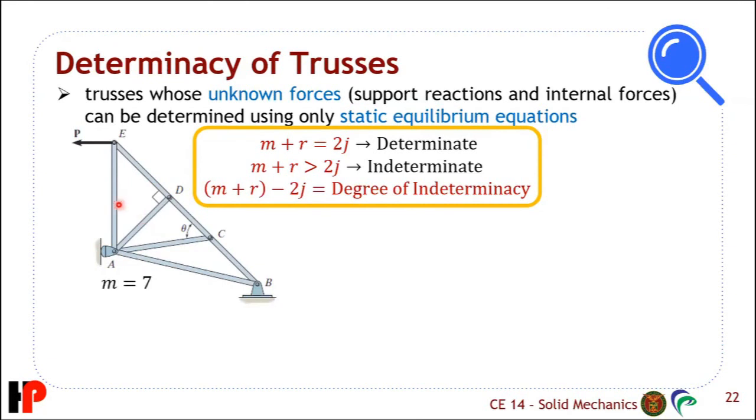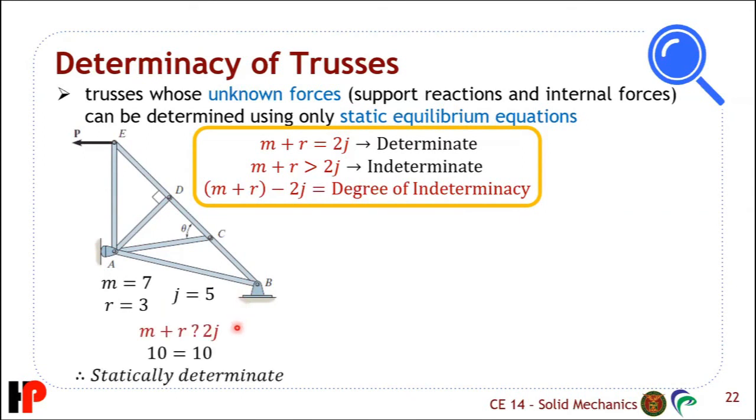Tapos, R, so pin and a rocker, so R is 3. And the number of joints, 1, 2, 3, 4, 5. So, J equals 5. So, M plus R is 10, 2 times J is 10. So this one is statically determinate. Again, if a truss looks like a truss, it is statically determinate. Yun ang basic clue.